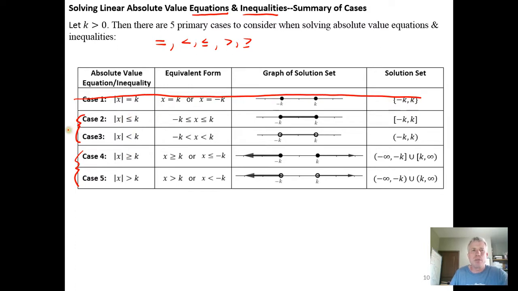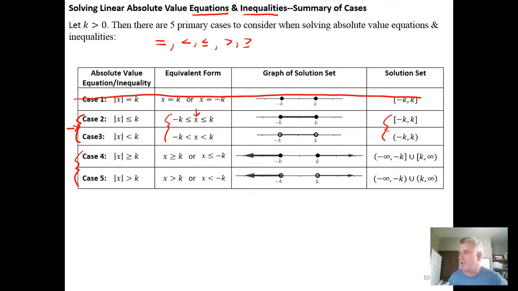So in this video, we're going to be talking about case 2 and case 3, which is an and style inequality. So these inequalities can always be rewritten as a single statement where the variable lives between the bounding numbers, or on a number line where we have a line interval between 2 bounding numbers, or in interval notation where we have just a single interval needed to express the solution.